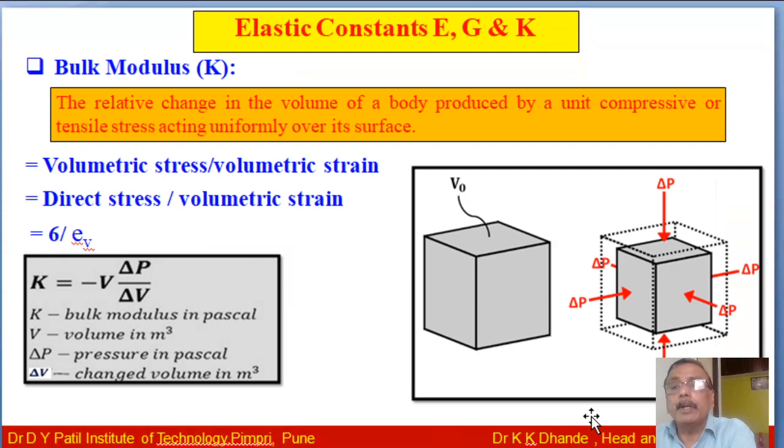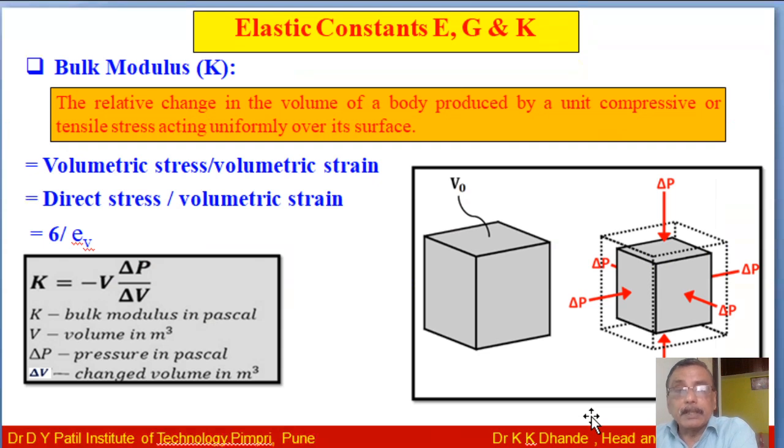Now, why volumetric strain? Because when a load is applied on a body, the lateral dimensions and linear dimensions change. In the simple example we have already seen, a circular bar, when a tensile load is applied, its length increases. It means linear strain is induced.